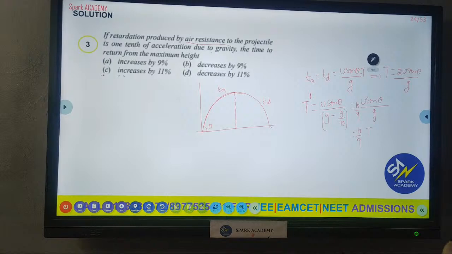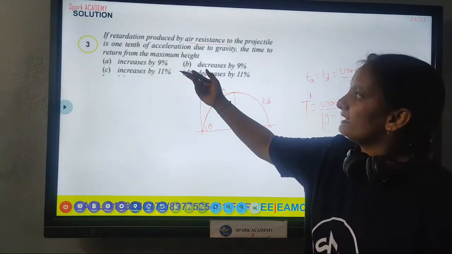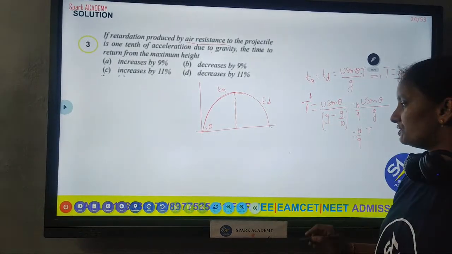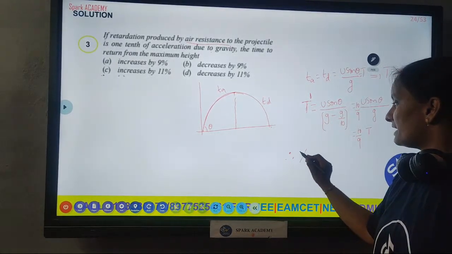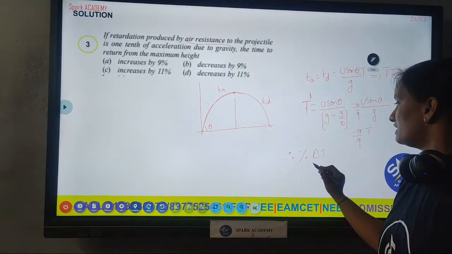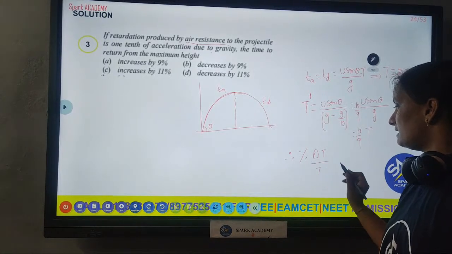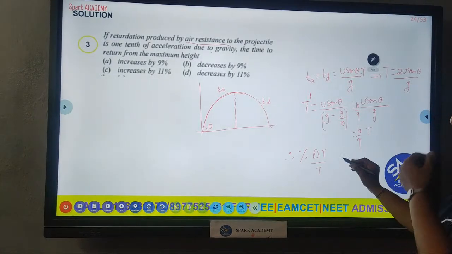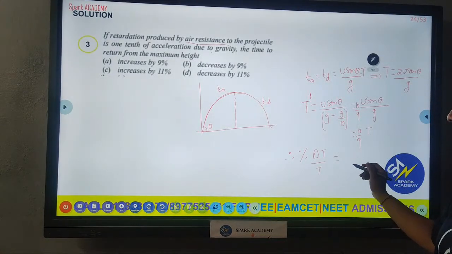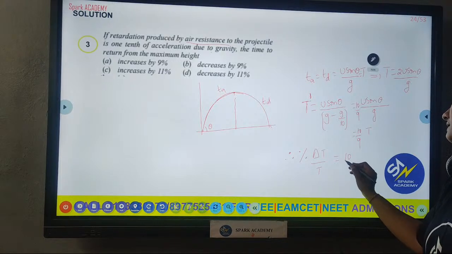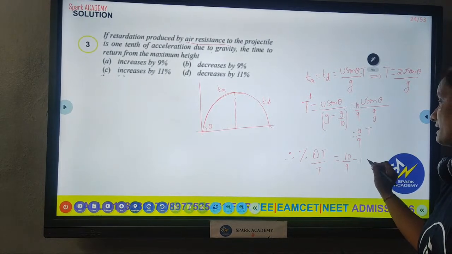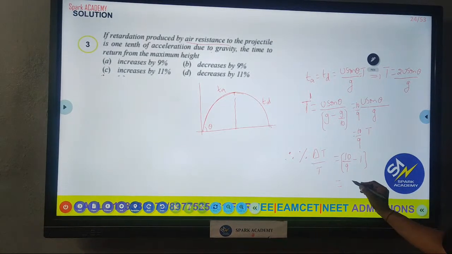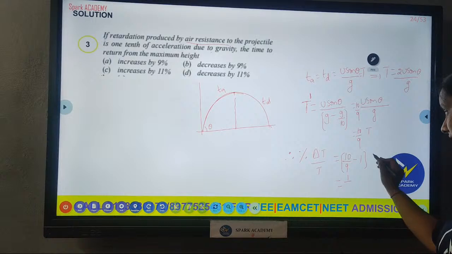Then the options given are like it increases or decreases, in percentage. So if you take the percentage increase in time, we need to write delta T by T. Take this as T, delta T by T will be equal to 10 by 9 minus 1, which is equal to 1 by 9.